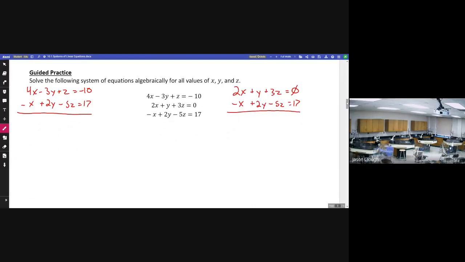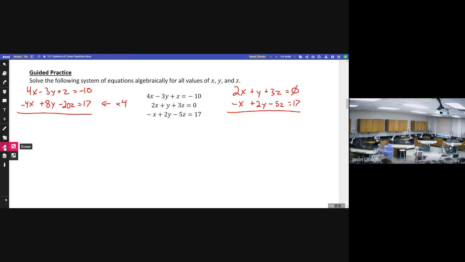So from here, now, just like we did last time, we have to find a way to get rid of the same variable. Now, the variable I'm going to get rid of is x. So in order to get rid of x, I need to multiply the second equation by 4. So everything in this second line is going to get multiplied by 4. So this negative x becomes negative 4x. The 2y becomes 8y. The 5z becomes 20z.